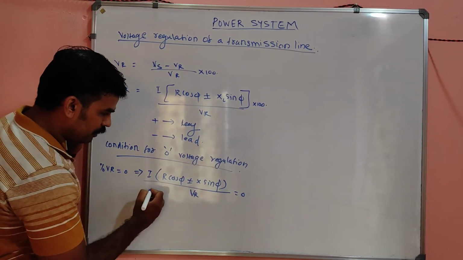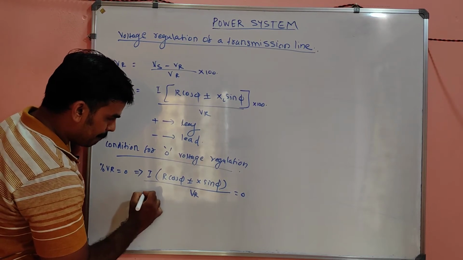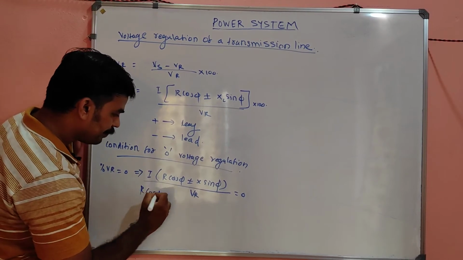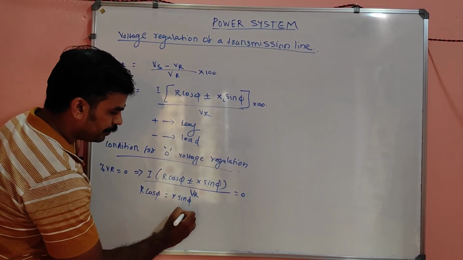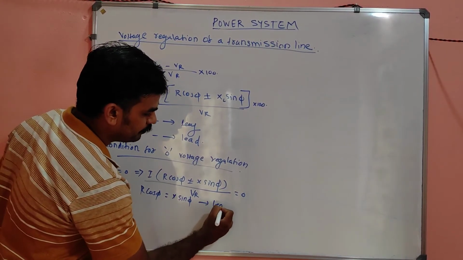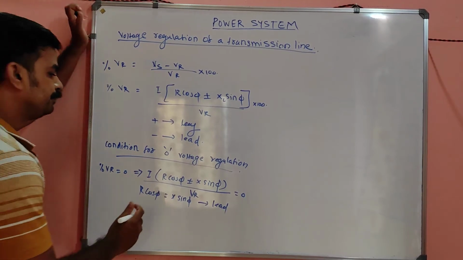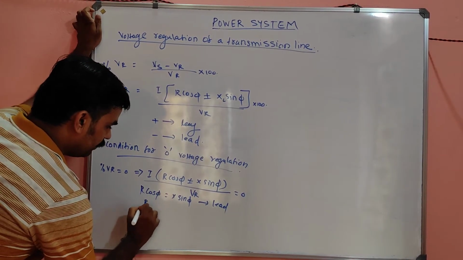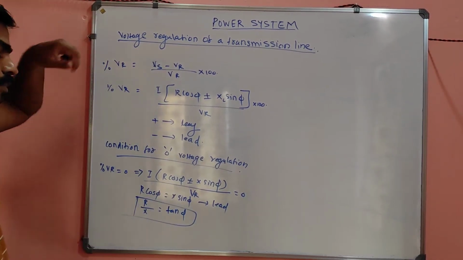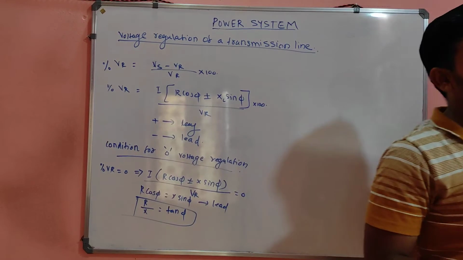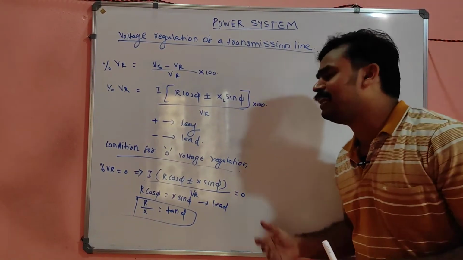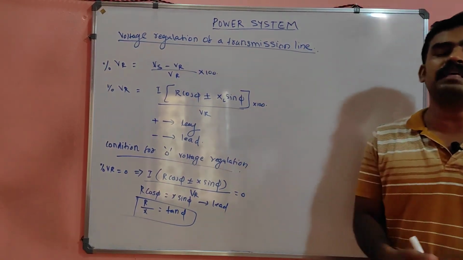So VR equal to 0 means, for leading power factor I am saying, tan phi equal to R by X. That is the condition for the leading zero voltage regulation. Why did I take lead here, you ask me?